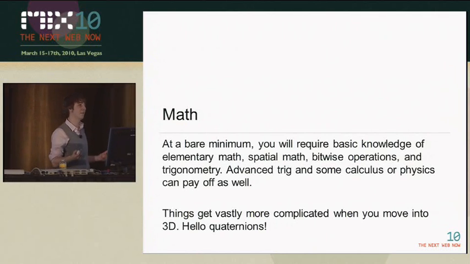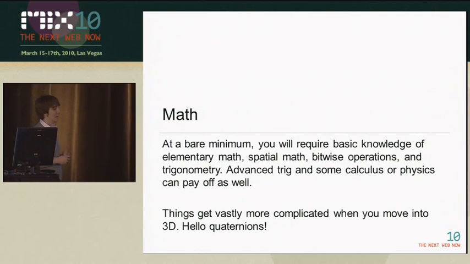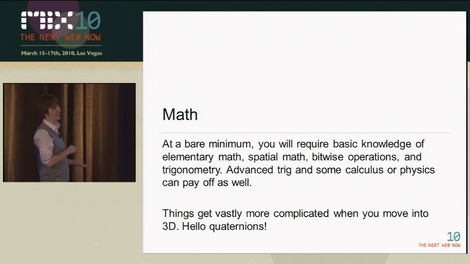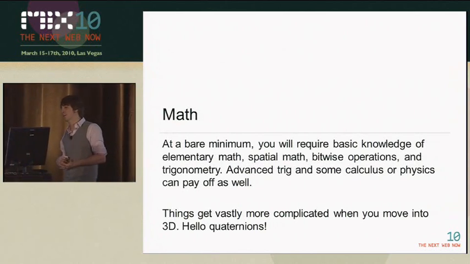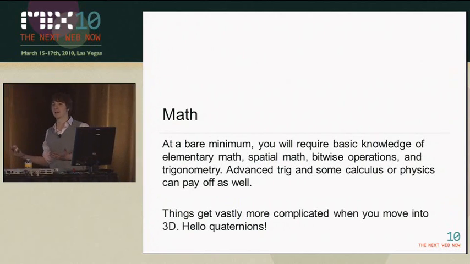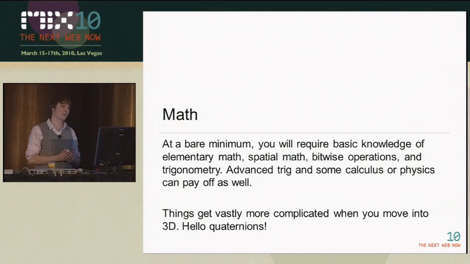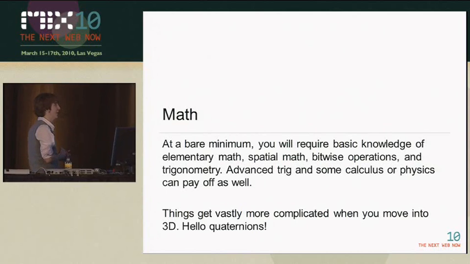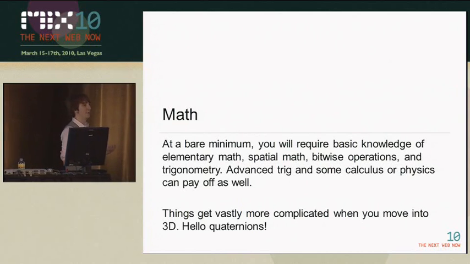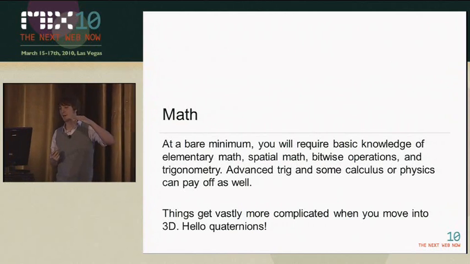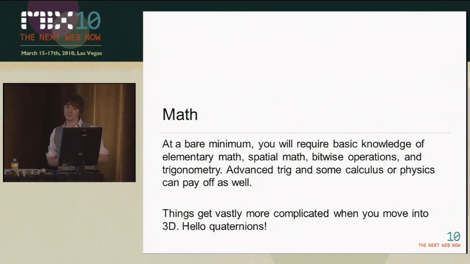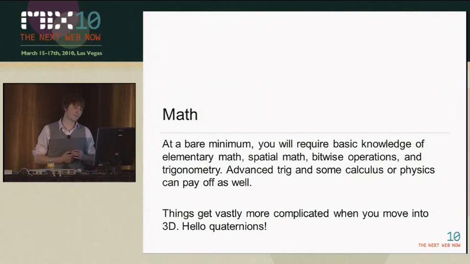How do we calculate how far they are from each other? Bitwise operations, this is largely from an optimization perspective because bitwise operations allow us to do some types of calculations much, much faster than using standard math. And you're going to need to know at least some basic trigonometry, because you're going to have to be able to make things turn to point at a particular location, or those types of things.